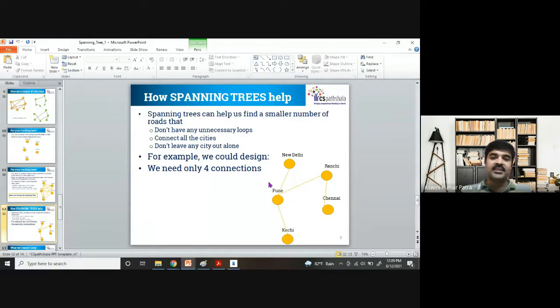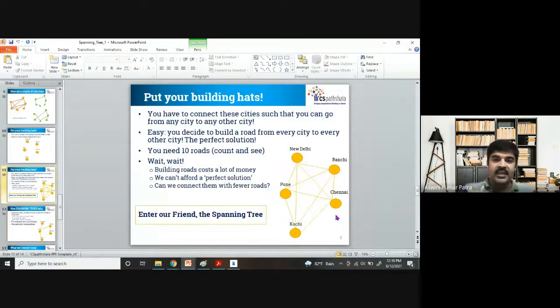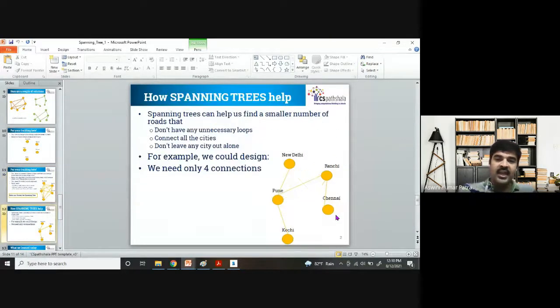So this is one example of a spanning tree. It is a byproduct of a perfect solution. The perfect solution presented in this slide is very, very costly because it involves 10 roads. And I have a very cost-effective solution which has only 4 roads and none of the cities are left out.